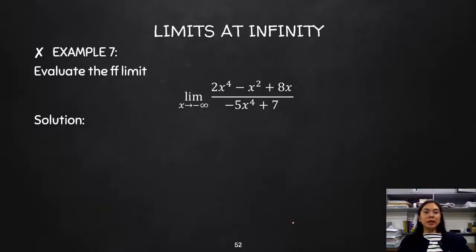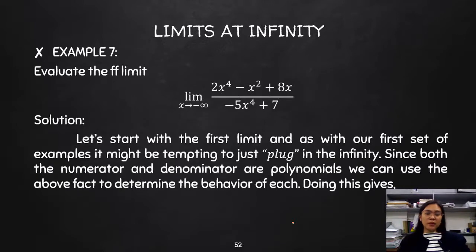So, taking a look at this particular example, you have the limit of the function 2x to the 4 minus x squared plus 8x divided by negative 5x raised to 4 plus 7 as x approaches negative infinity. So let's start with the first limit, and as with our first set of examples, it might be tempting to just plug in the infinity.